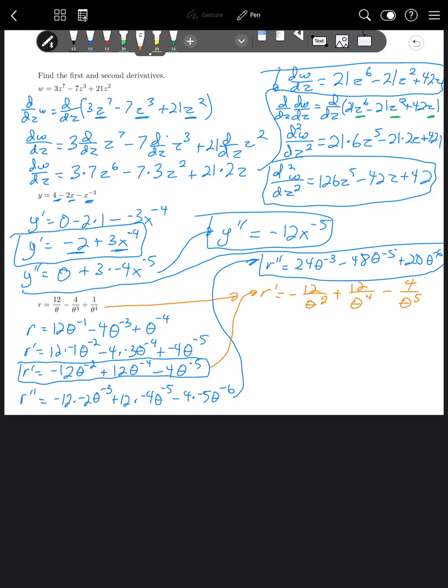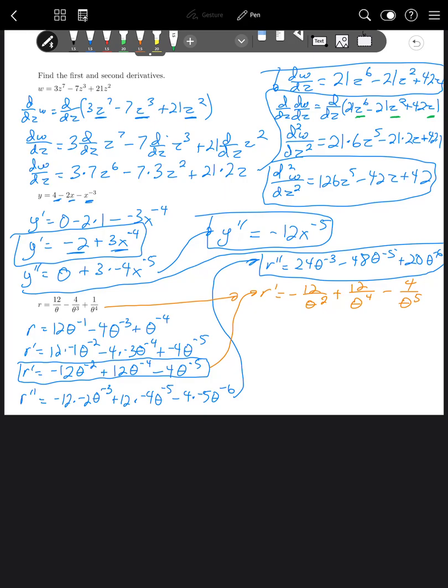We should also notice that we multiplied by the opposite of the exponent that was there before, right? The opposite of 1 is negative 1. Negative 1 times 12 is negative 12. Here, we multiplied by the opposite of 3. So negative 3 times negative 4 is positive 12. And here we multiplied by negative 4, the opposite of this 4, because negative 4 times 1 is negative 4.